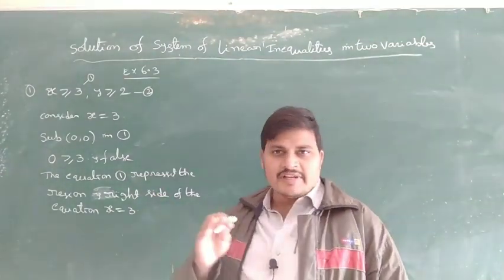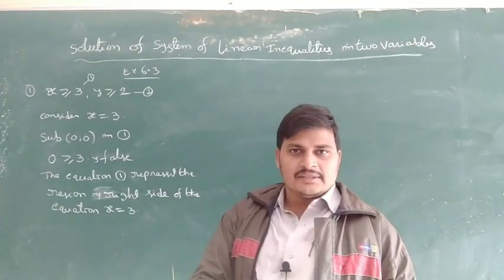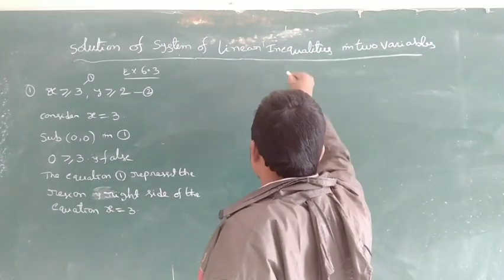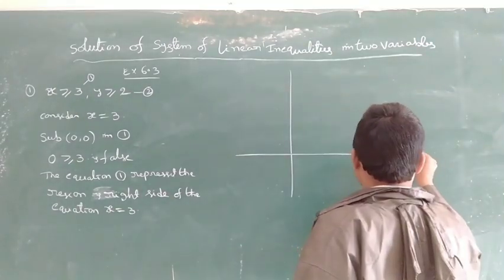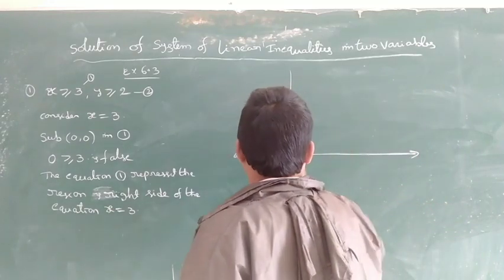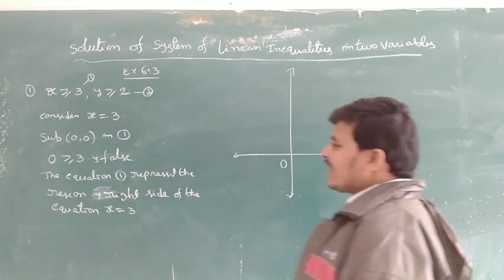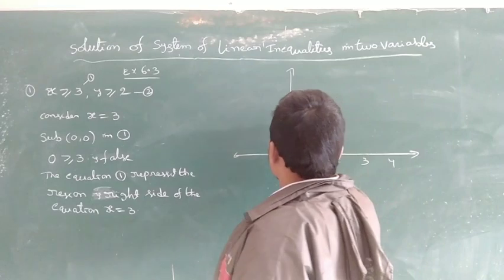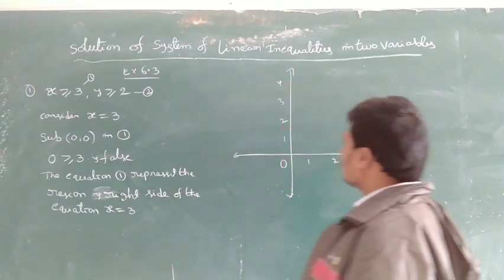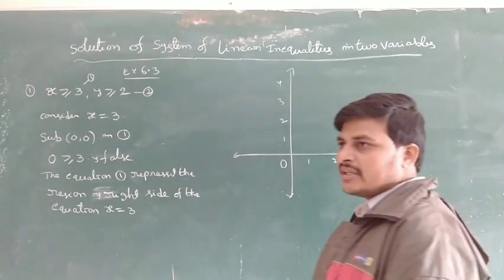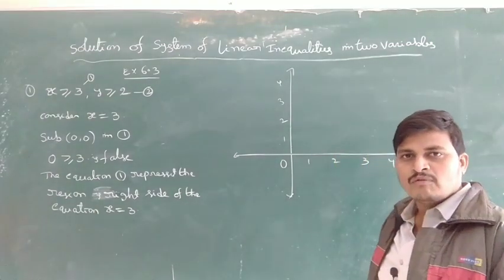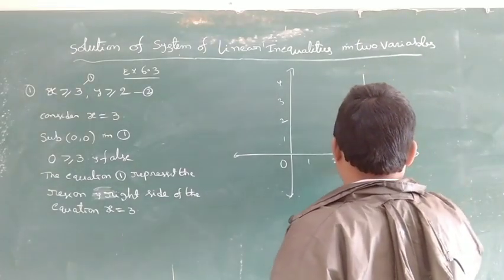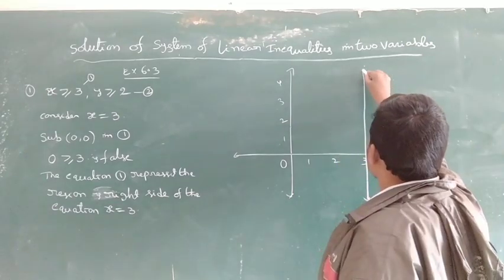In textbook terms, it is left, right, up, down. Here x is equal to 0, 1, 2, 3, 4. The equation x is equal to 3 is parallel to the y-axis and passes through the point 3, 0.